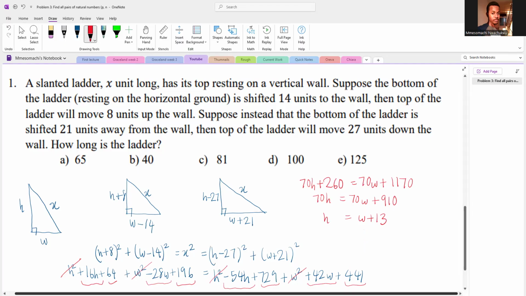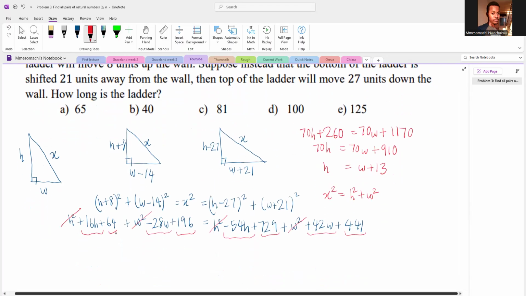And now we can try to get the value of X. By Pythagoras theorem from the original scenario, we have that X squared is equal to H squared plus W squared. Let's scroll down a bit. So we can come down to this equation. Let's consider the first half of the equation.